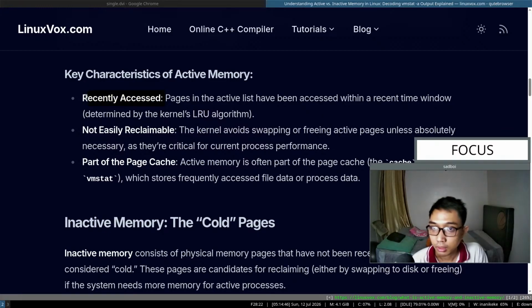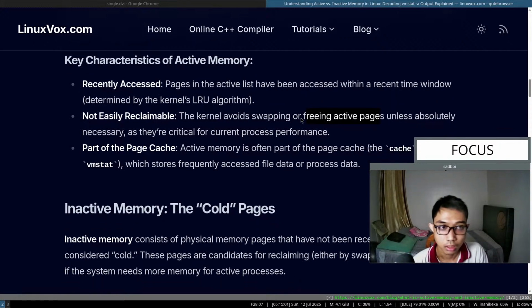That is the recently accessed, and then not easily reclaimable. The kernel avoids swapping or freeing active pages unless absolutely necessary, as they are critical for current process performance.